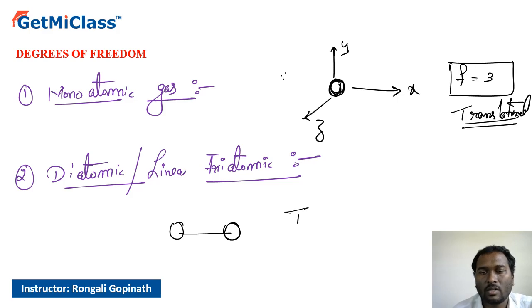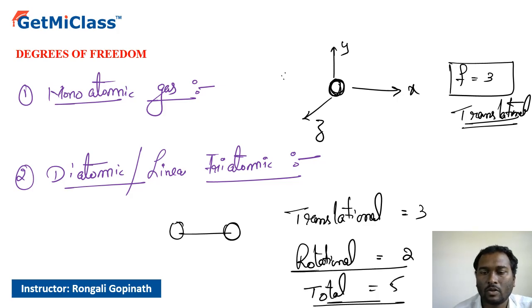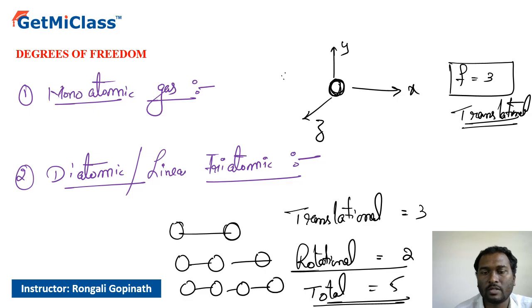Obviously it has, on a translational level, 3 degrees of freedom, but on rotational level it has 2. Total we have 5 degrees of freedom. It doesn't matter whether I have 2 atoms, 3 atoms, or 4 atoms as well. The total degrees of freedom in case of a linear molecule, right, is always 5, out of which 3 are translational, 2 are rotational. Okay.